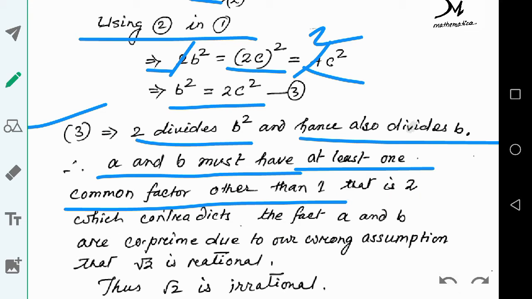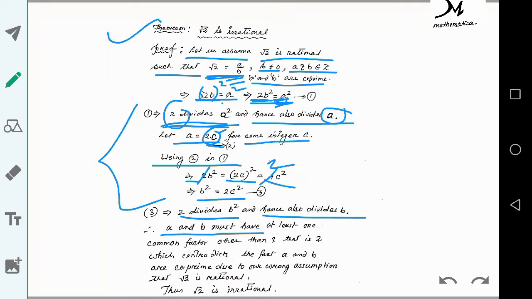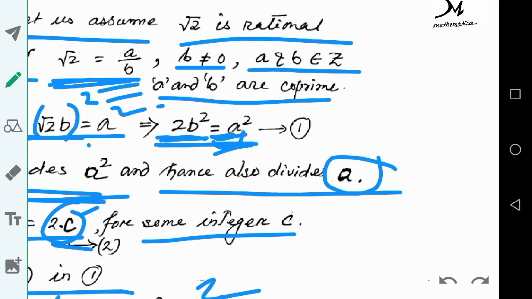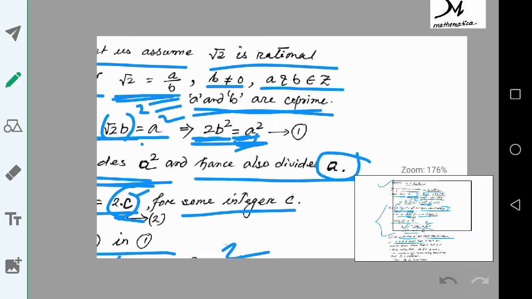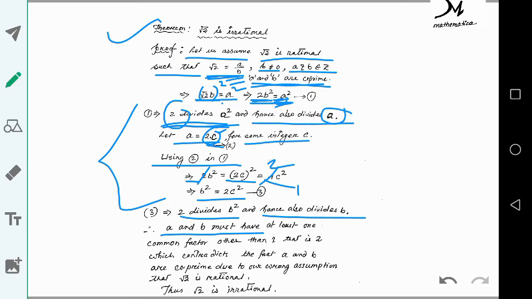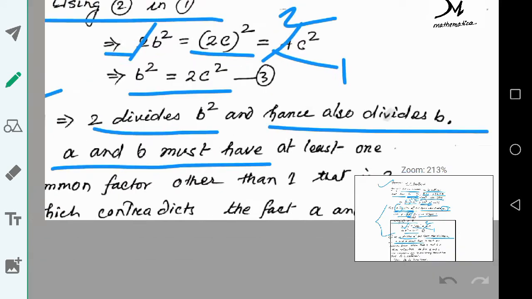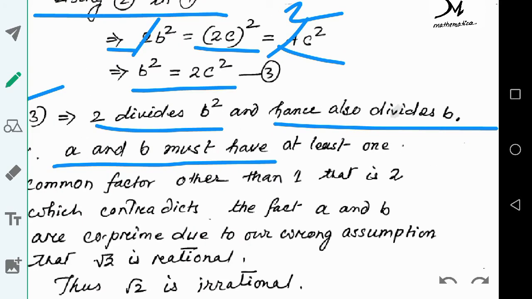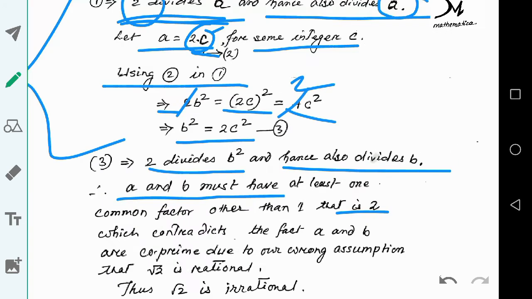But here you see, as we have written here, a and b are co-prime, that means they should not have any common factor, but we are getting a common factor. What is the common factor? 2 is the common factor. Other than 1, 2 is a common factor of a and b, which contradicts the fact that a and b are co-prime.